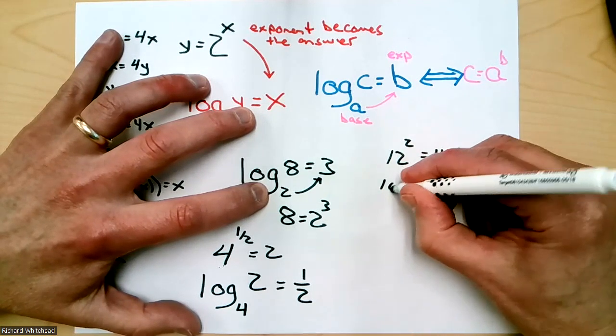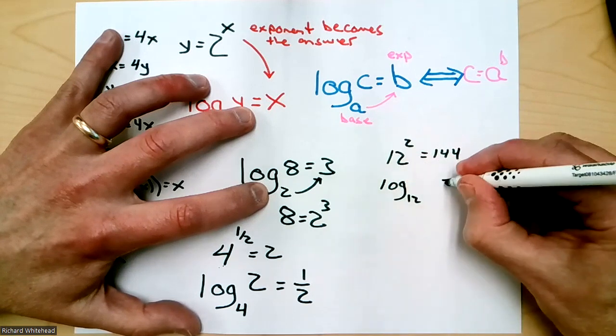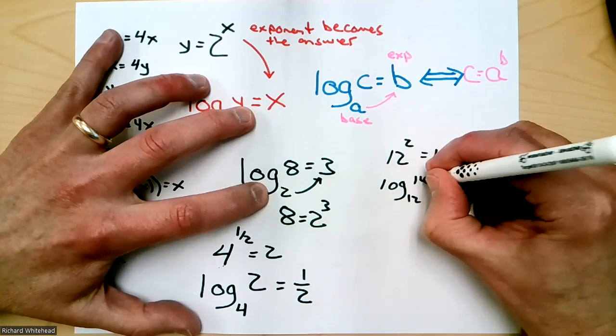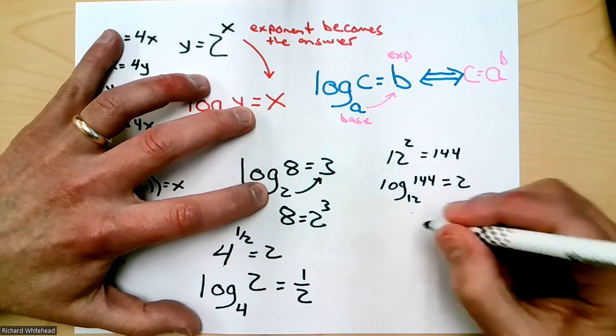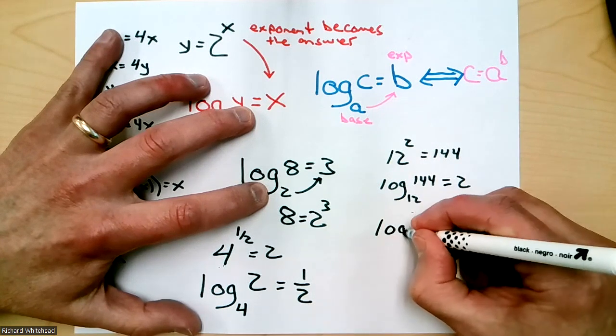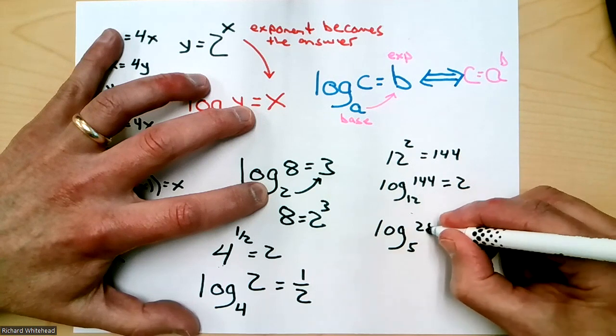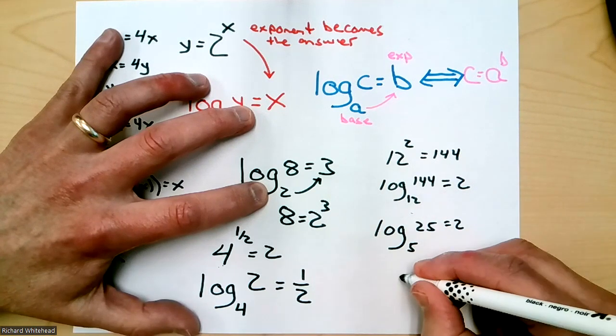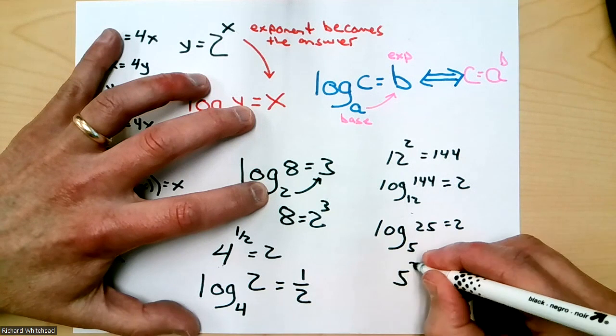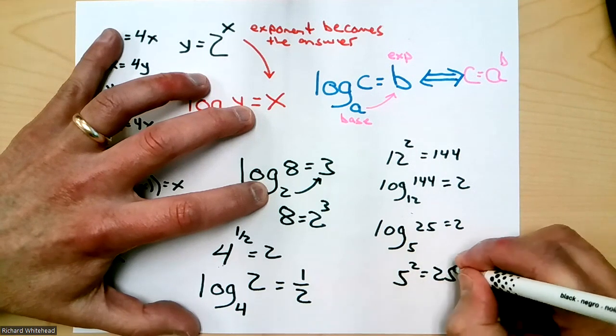So that would become log base 12 of 144 is 2, where the exponent is 2. Or if you had log base 5 of 25 is equal to 2, that would just become 5 squared equals 25.